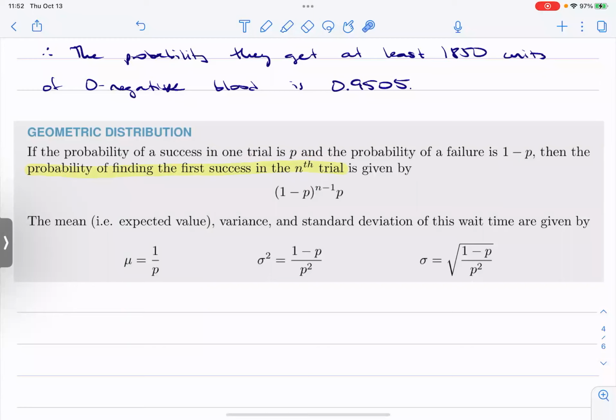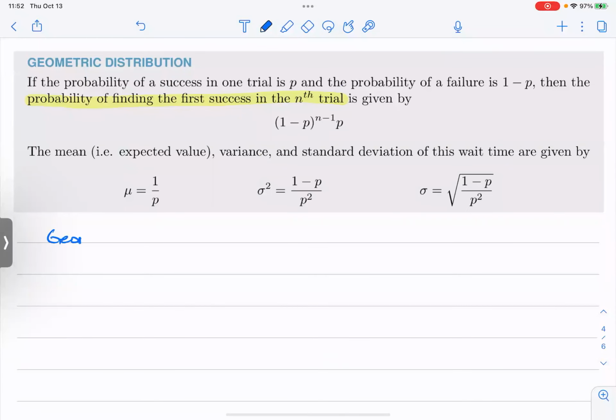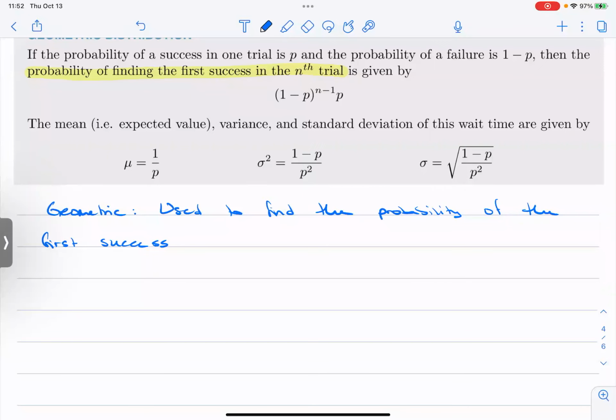So this formula gives us that probability. In short, the geometric is used to find the probability of the first success happening on the nth trial.